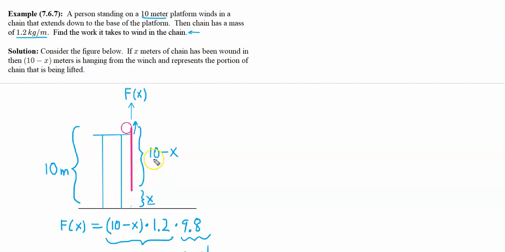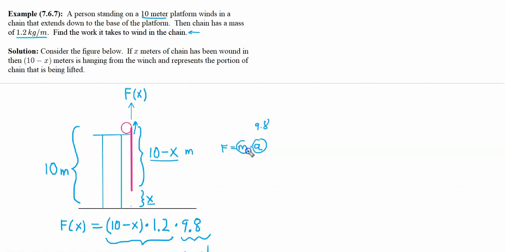So that's how much chain is hanging down, in meters. Then the amount of force required to lift the chain that we have hanging here is going to be force equals mass times acceleration. Now, near the surface of the Earth, the acceleration is 9.8.